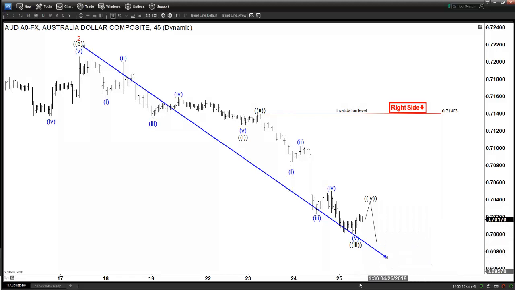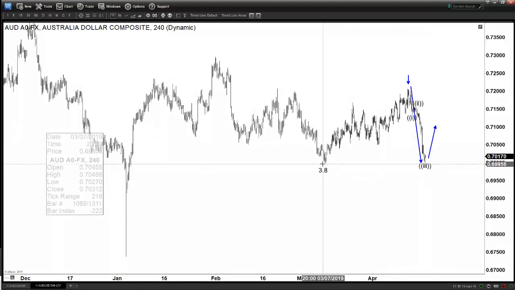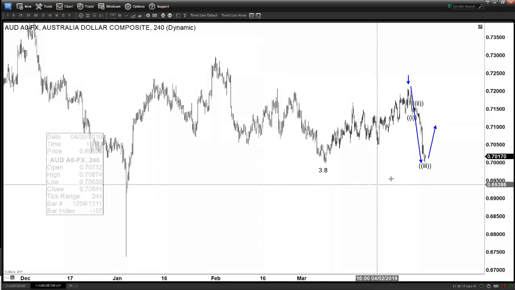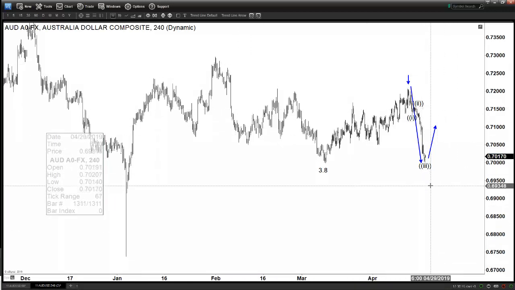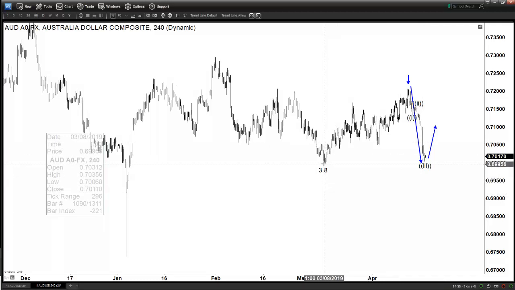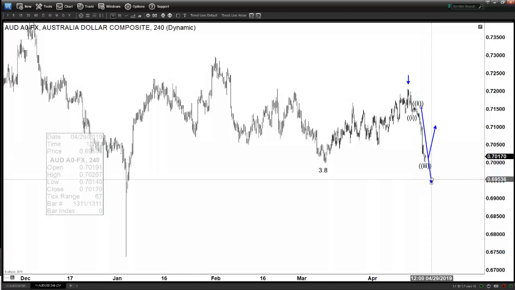So once the Aussie dollar finishes this 5 waves down, most likely it's going to break this March 8 low, and that break is going to confirm further downside in the pair. So it is going to confirm more downside after it breaks below March the 8th, and so far we are still ending this 5 waves down.